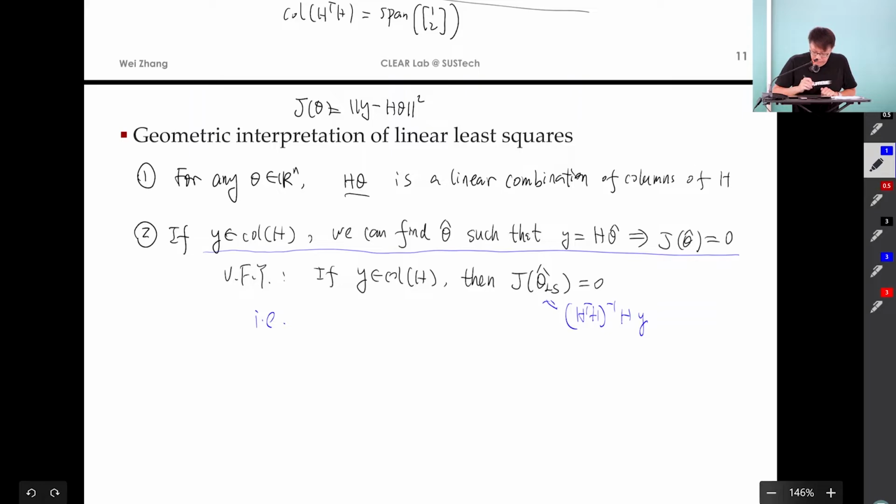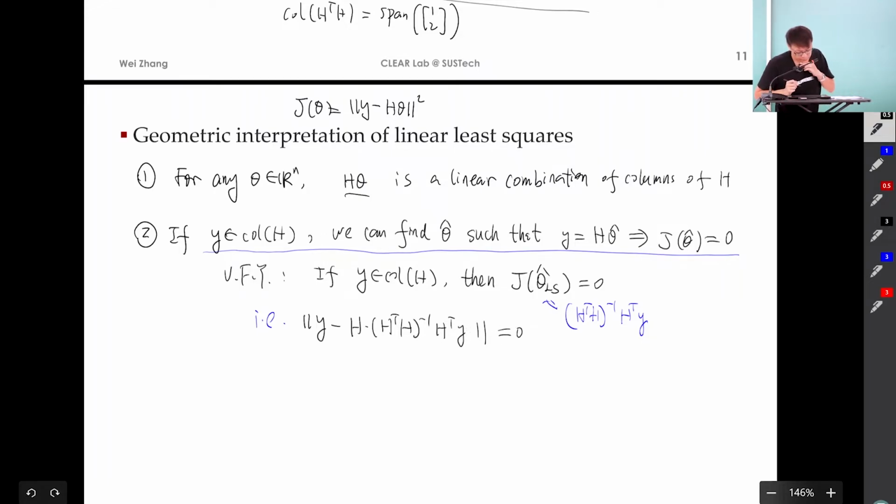So what we have is y minus H theta, right? H times the least square theta, which is H transpose H inverse H transpose y, should equal 0. I'm not sure whether you can verify that.